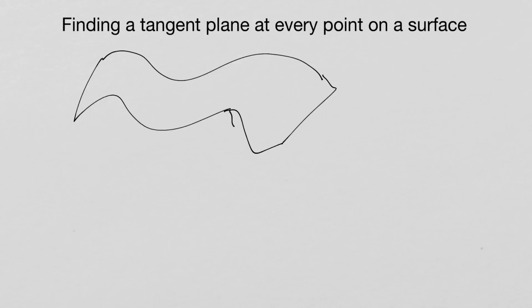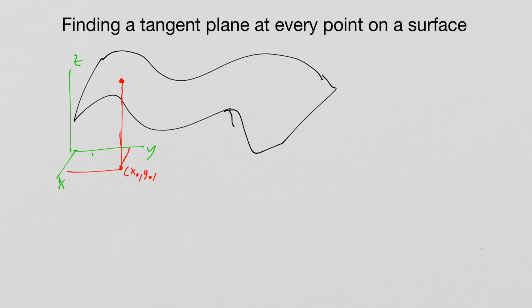We have a surface, let's say like that, and then we have some coordinates x, y, and z right here. Let's say I go out to a specific point, an x naught and a y naught right there, and I go up and find the point that it associates with on the surface itself.